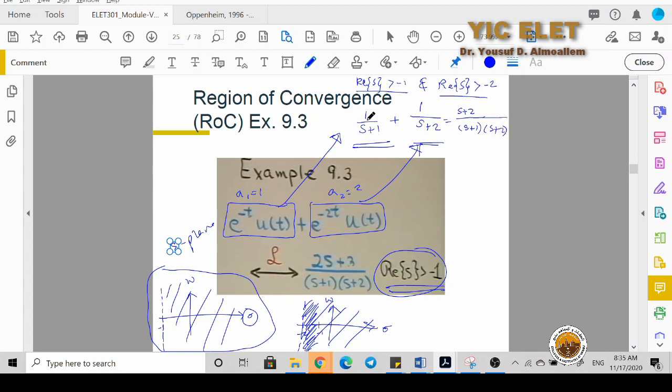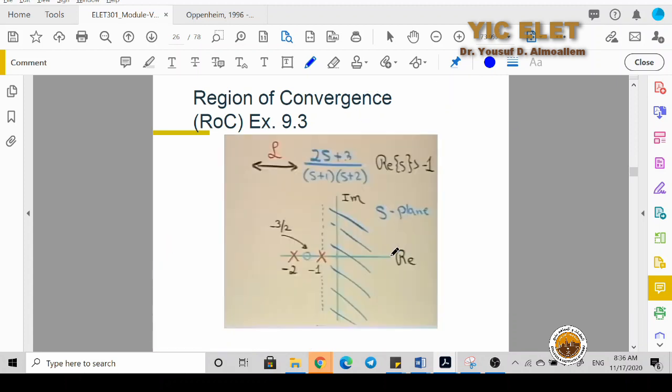We unify the denominators, and here we multiply by s plus 1. So if we sum, we will get 2s plus 3 over s plus 1 times s plus 2. And this is the solution in front of you. Is that okay? Right. Let's move.